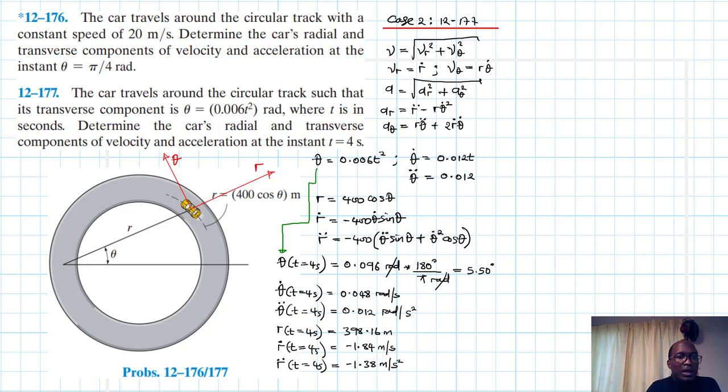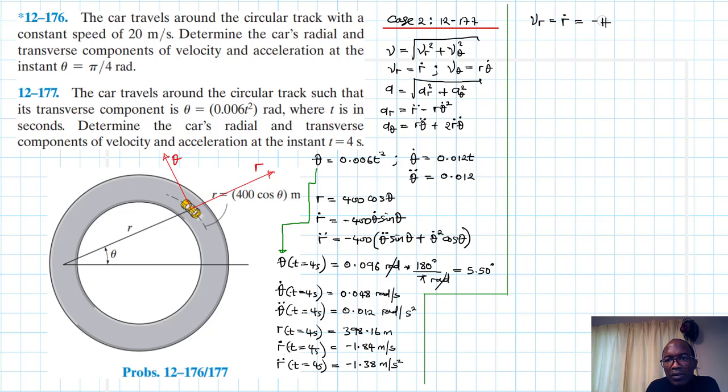Let's plug them back in the equations. Let me just create a boundary here, like so. There we go. Right, so what do we have? So let's start with our v r, and this is equal to r dot. Of course, this is the radial component of velocity, and this r dot we already found.